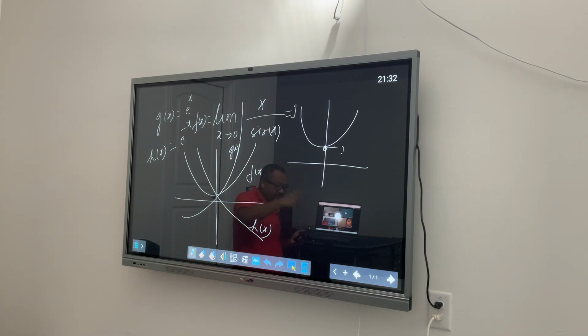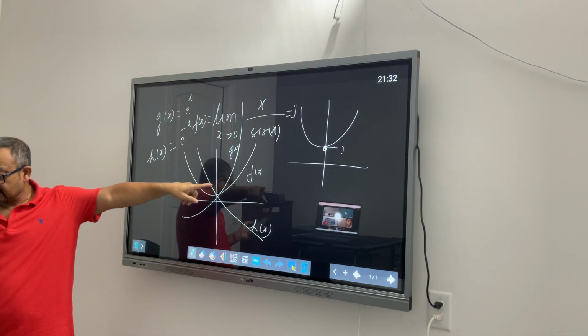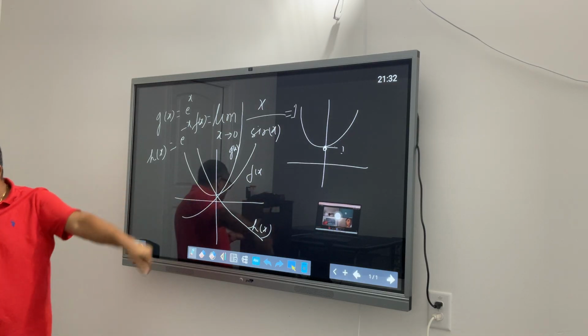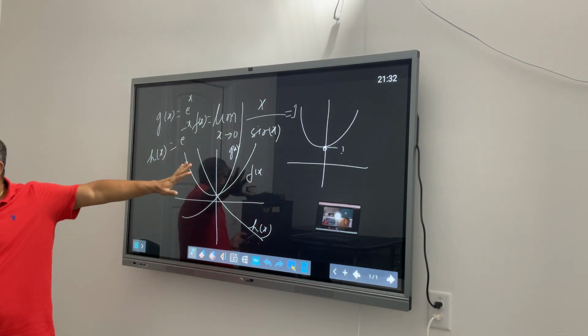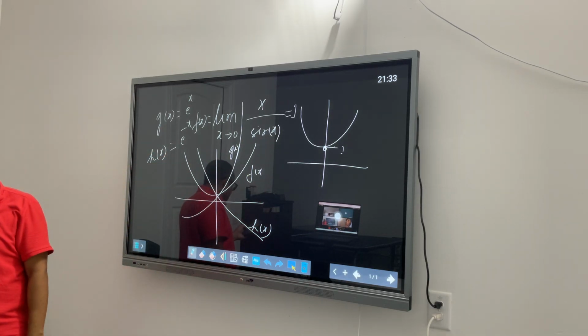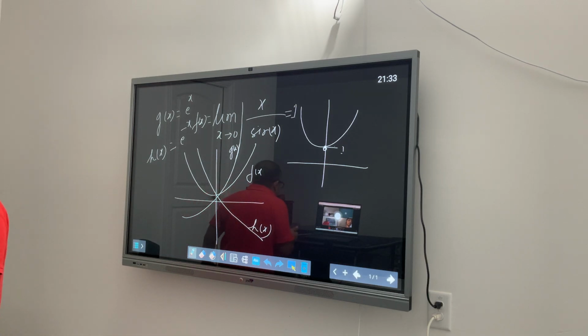Somebody named Harvey suggested that we can use g of x and h of x in order to apply the Squeeze theorem. These two functions were used to apply the Squeeze theorem because the regular algebraic method was not working. So now we have to make a judgment and say whether Harvey's suggestion was correct or not.